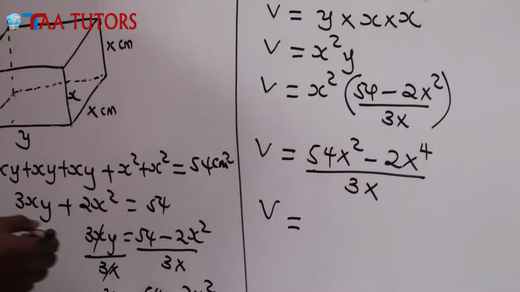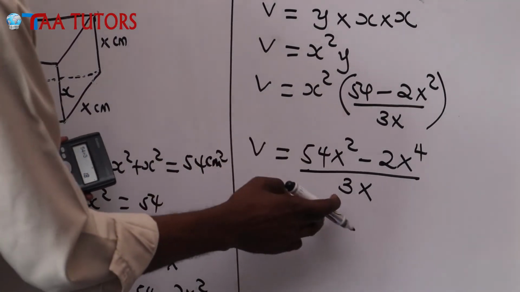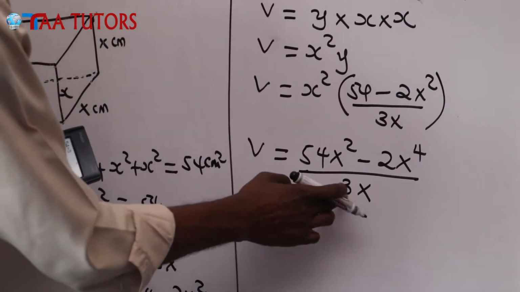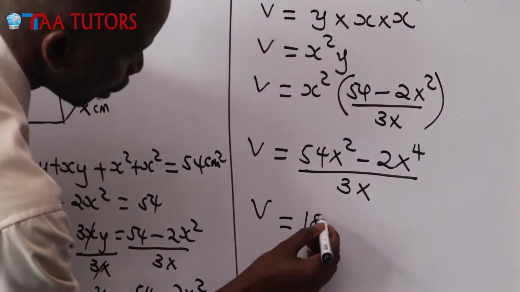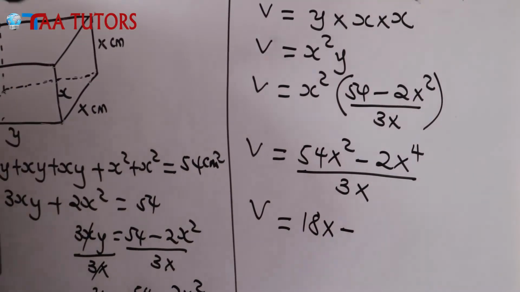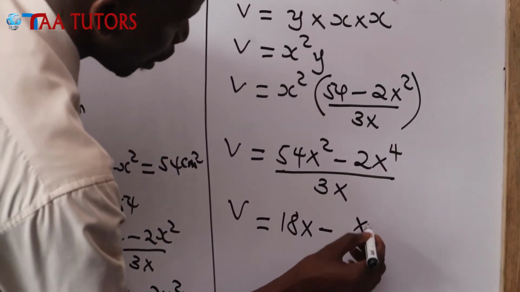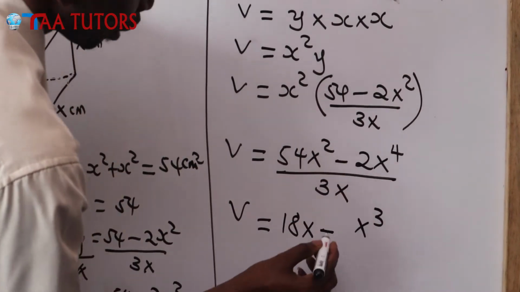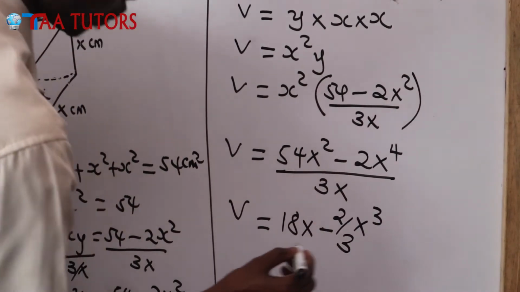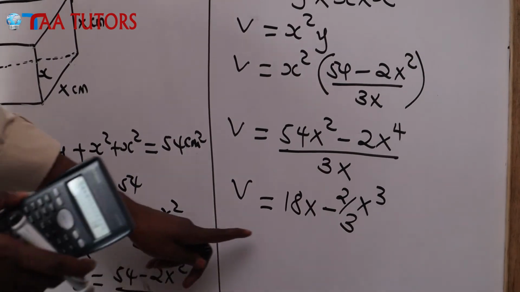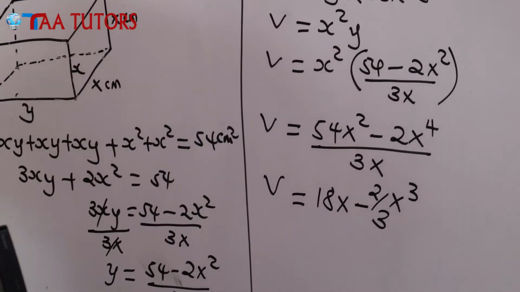So now I can simplify. 54x over x is 18x, minus x to the power 3, but this will be just 2 over 3. So we have the expression for the volume: 18x minus 2 over 3 x cubed.